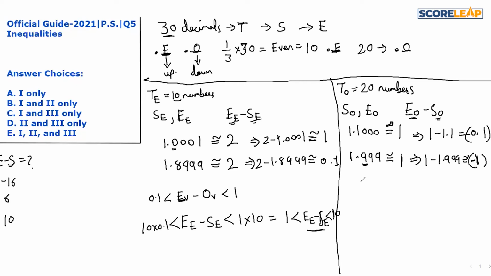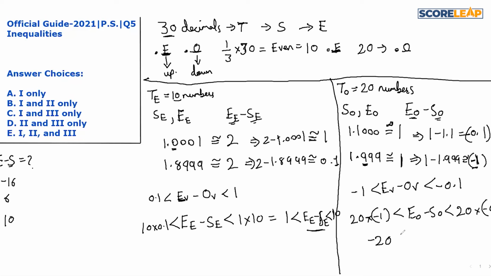So the value of estimated value minus original value lies between minus 1 and minus 0.1. This is the largest difference and this is the smallest difference because it is negative. We have 20 numbers, so 20 into minus 1 is less than EO minus SO, which is less than 20 into minus 0.1. So these values will lie between minus 20 to minus 2.